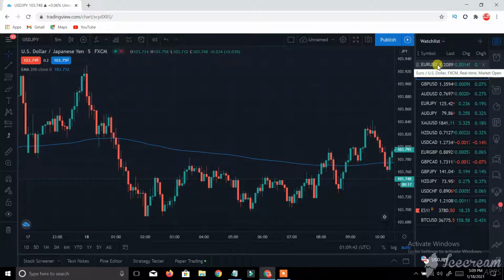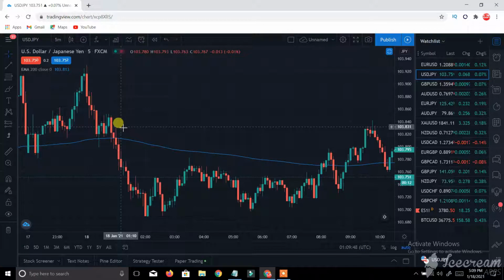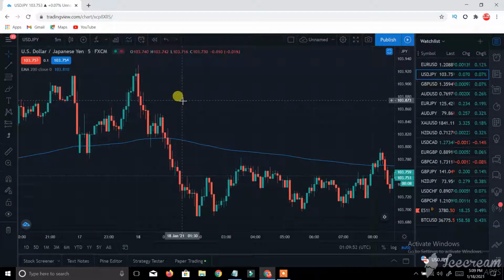If you can scout through every currency pair you have and look for the best setup, this is going to be great. So let me jump straight into this strategy.